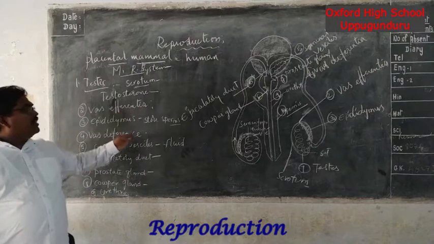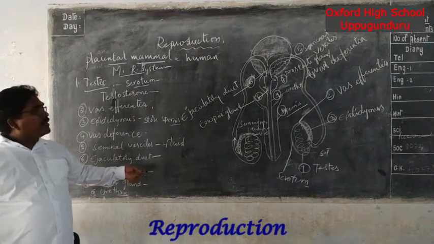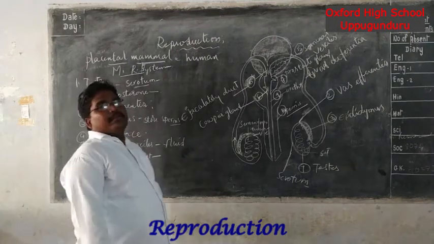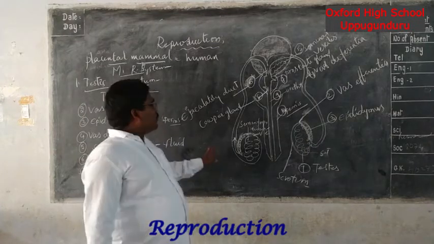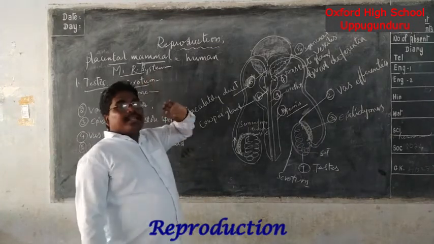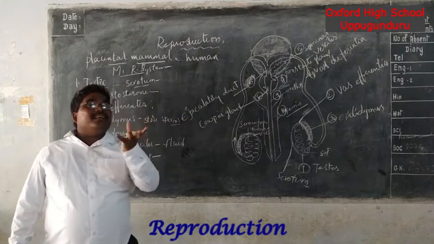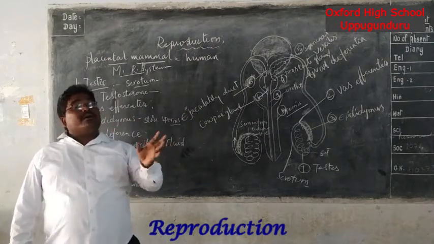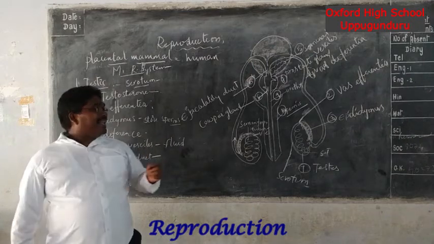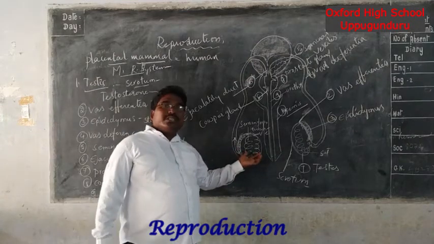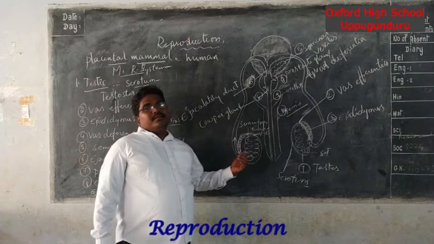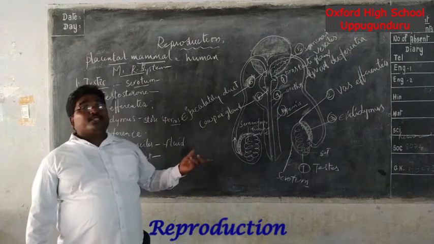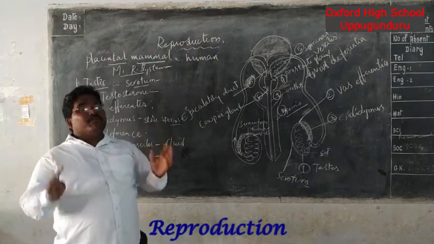So dear students, these are the points present in the male reproductive system. The first point is the testes. A pair of testes are present in a pouch-like structure called the scrotum, outside of the abdominal cavity. Highly coiled seminiferous tubules produce the sperms by meiosis in hundreds of millions.